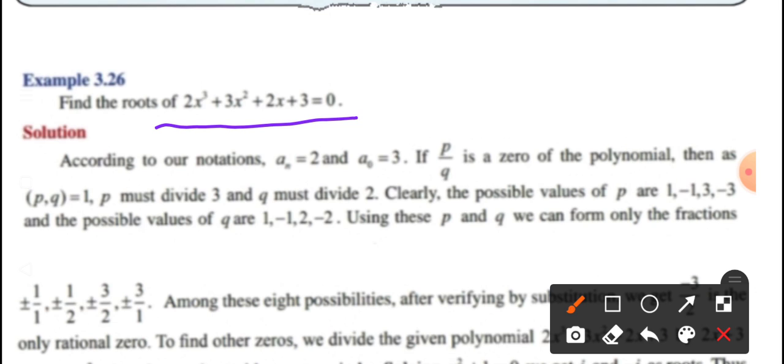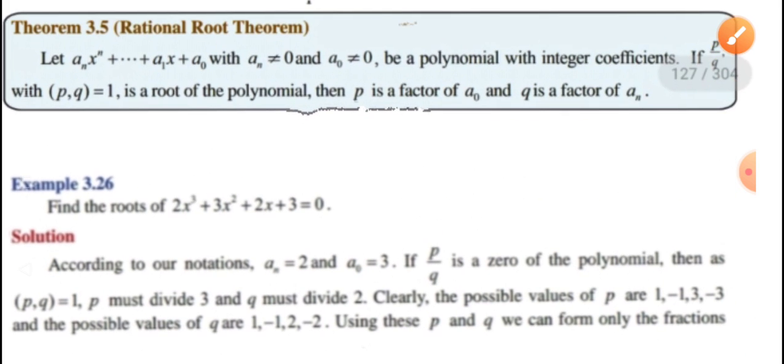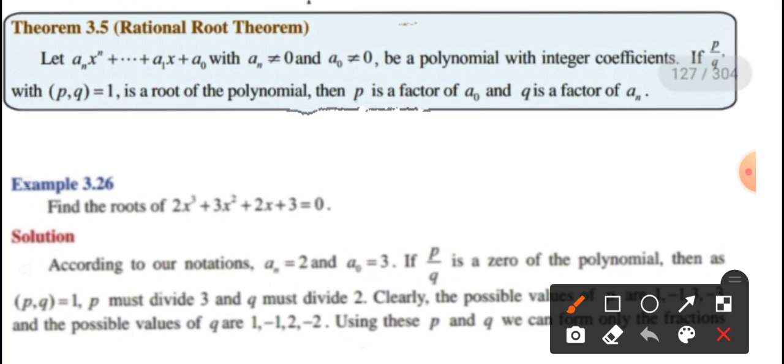Normally we would solve this using the remainder theorem, but that is not possible here because all the terms are positive. So we are going to use the rational root theorem.